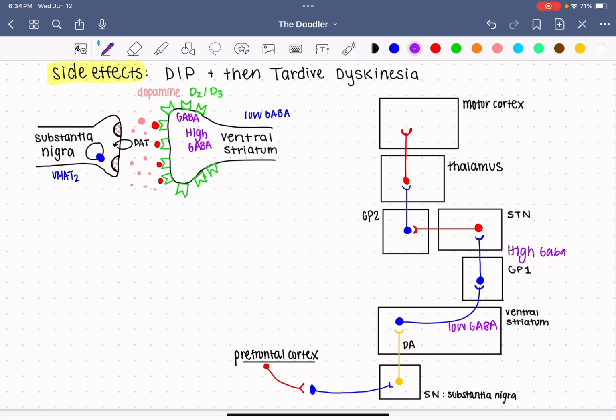If we have high GABA, this is going to inhibit the subthalamic nucleus glutamate, so this is going to be low glutamate. Low glutamate is not going to stimulate the GABA in the globus pallidus 2. So now you're going to have low GABA.